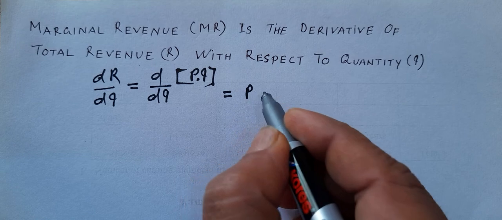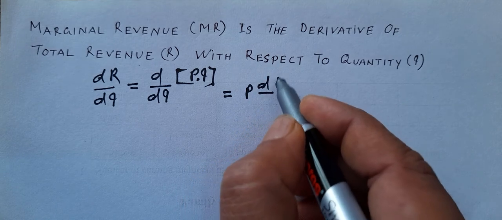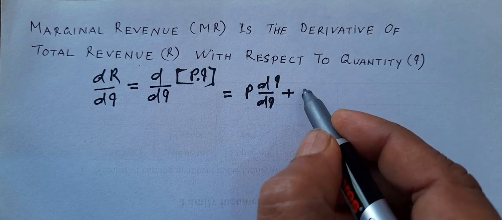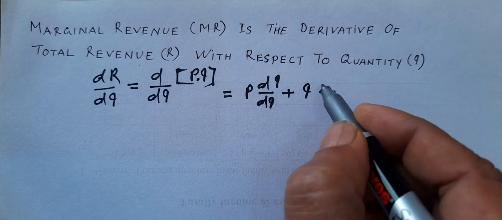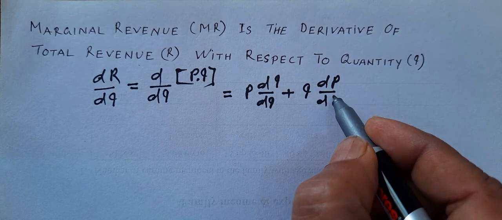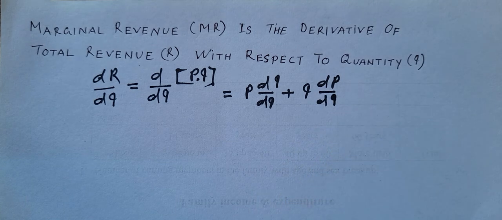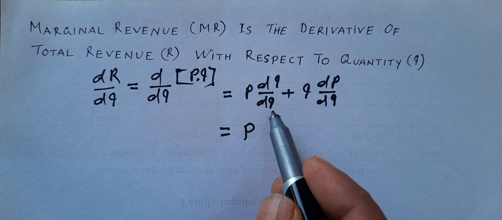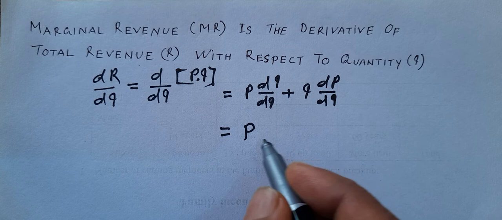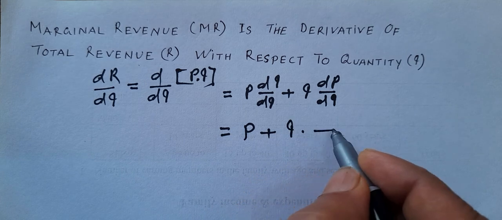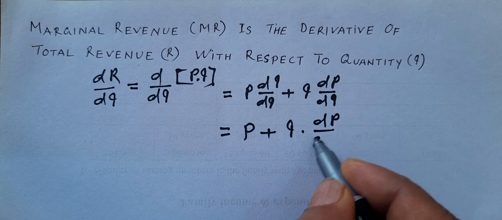First function P times the derivative of the second function Q, plus the second function Q times the derivative of the first function P, that is dP by dQ. That is equal to P, because the derivative of Q with respect to Q is 1, plus Q dot dP by dQ.